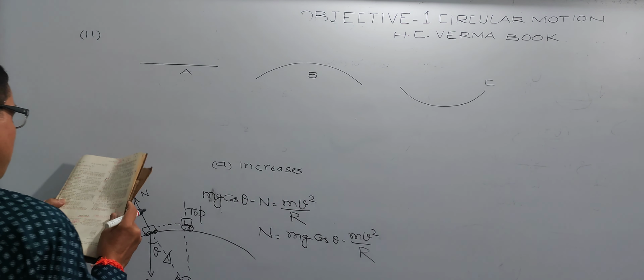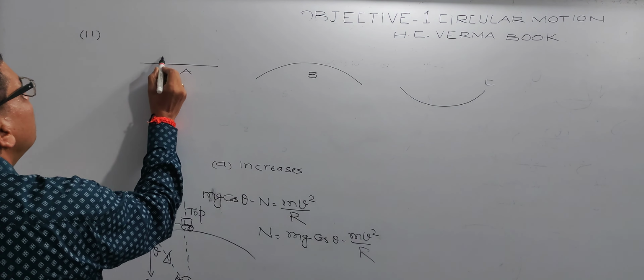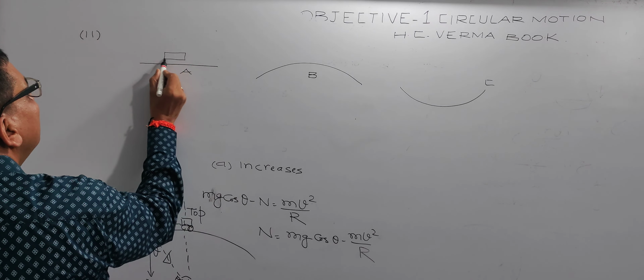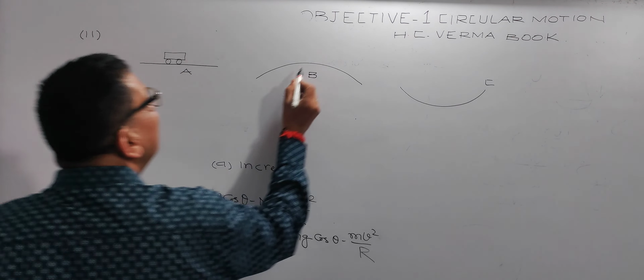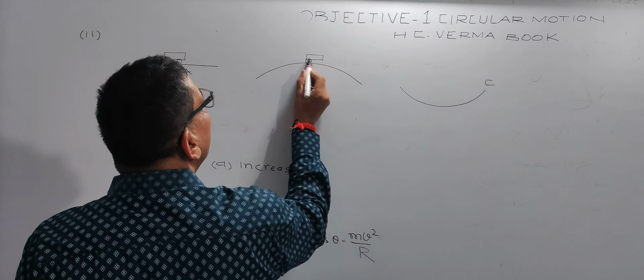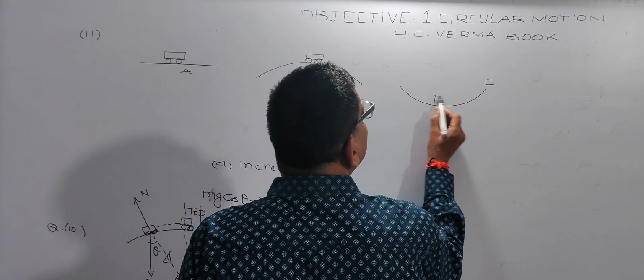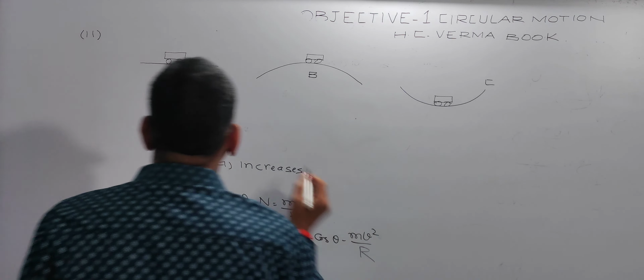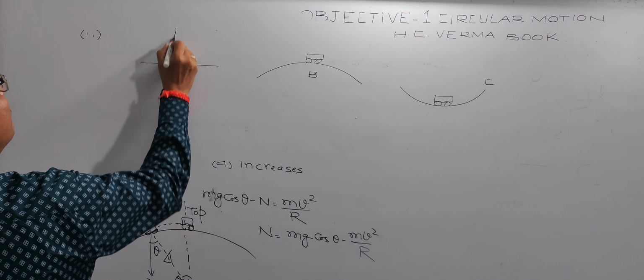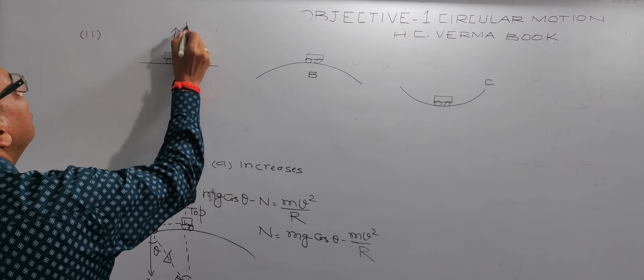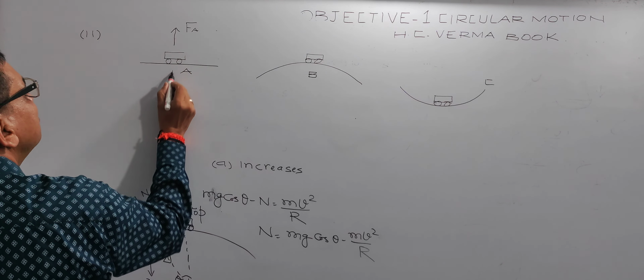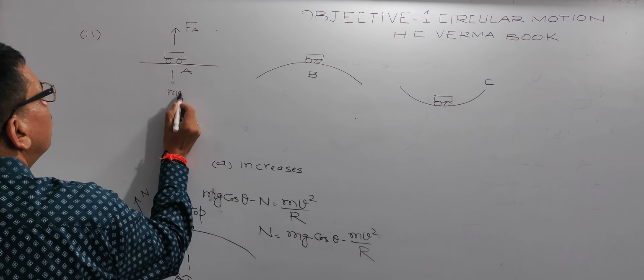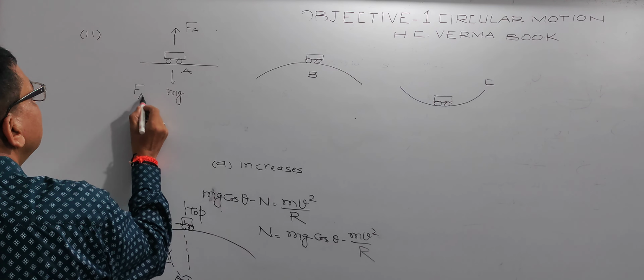Now you will observe, suppose the four-wheeler is here, the vehicle is moving here, the vehicle is here at the top, and the vehicle is here. Now here you will observe the normal reaction, the force exerted by the ground, is Fa in upward direction, this is mg. Now here you also observe Fa balances mg.